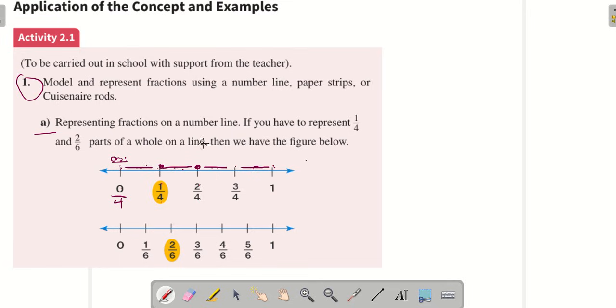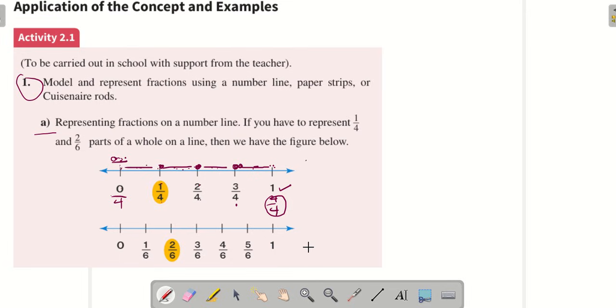Then when you move again from this point to this point, you have moved 3/4. And finally, if you move from here to here, then you have completed the journey by moving 4/4. And we know that 4/4 is 1. And that is the interpretation of this number line.